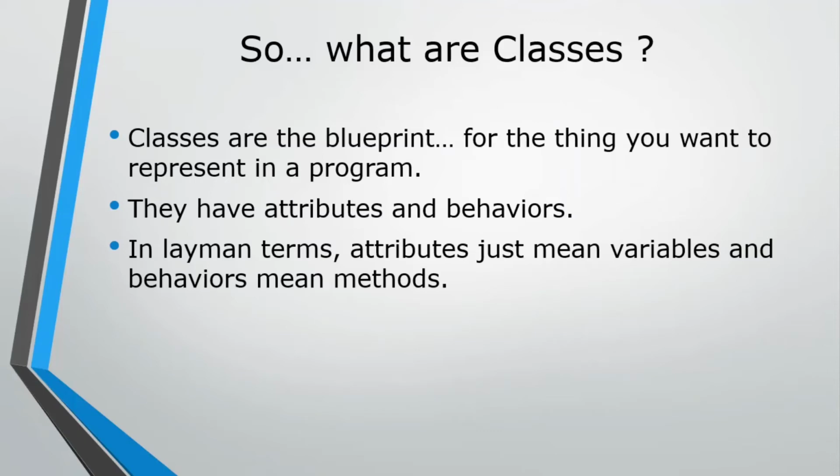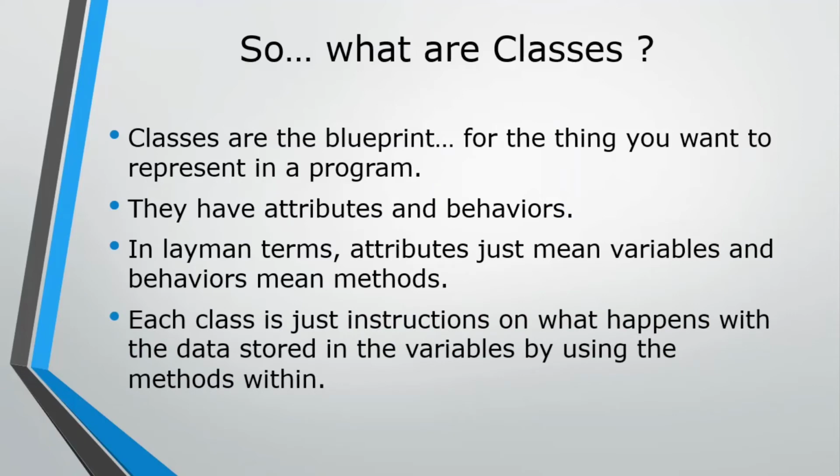Attribute means variables, things that you store data inside, and behavior means methods or functions. Each class is just instructions on what happens with the data that is stored inside the variables. You have a class, it has some data. That class on the whole is essentially just informing you what happens with that data, how and when.